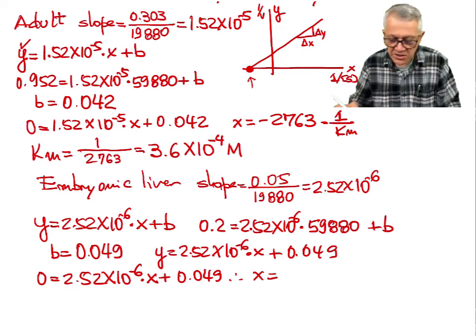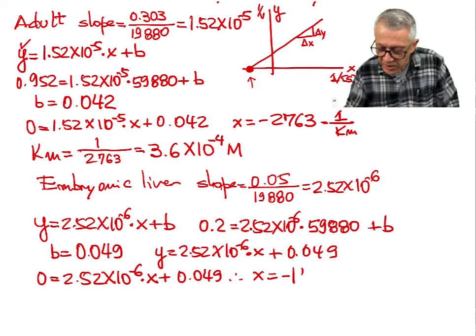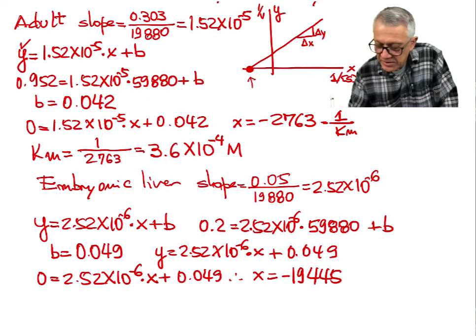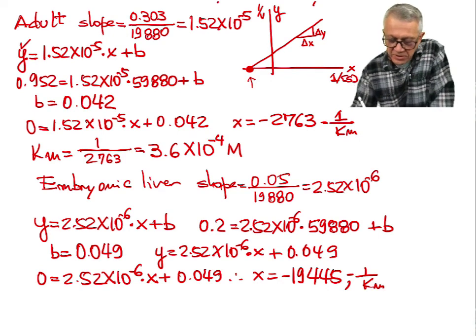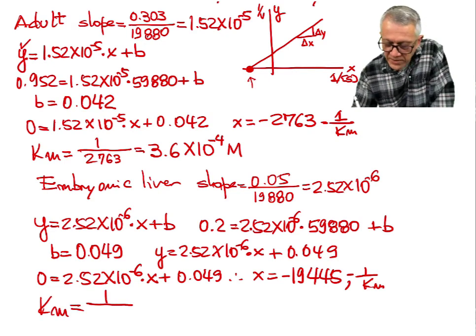That's negative 19,445. And what's this? This is minus 1 over Km. So Km then is going to be equal to 1 over 19,445.